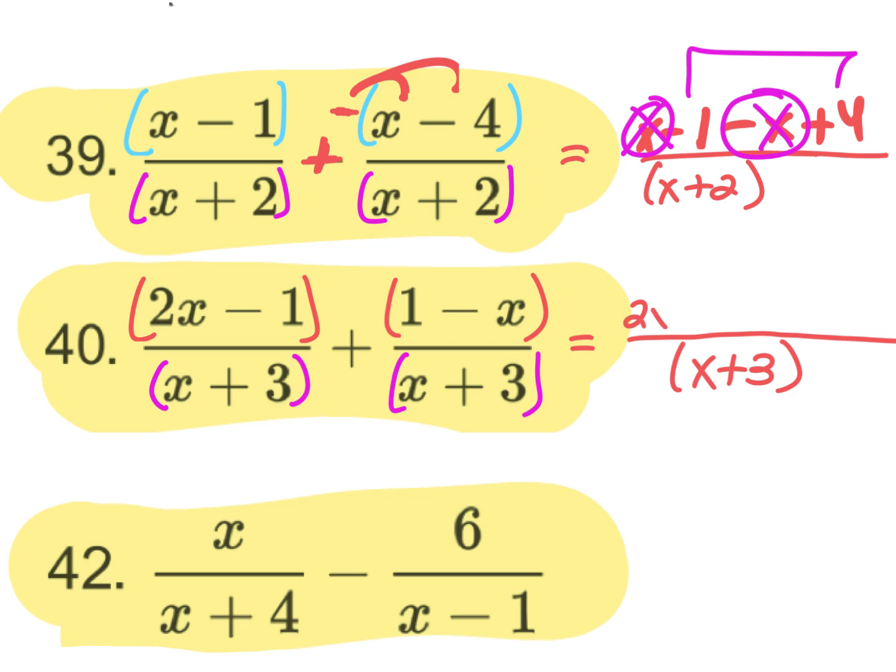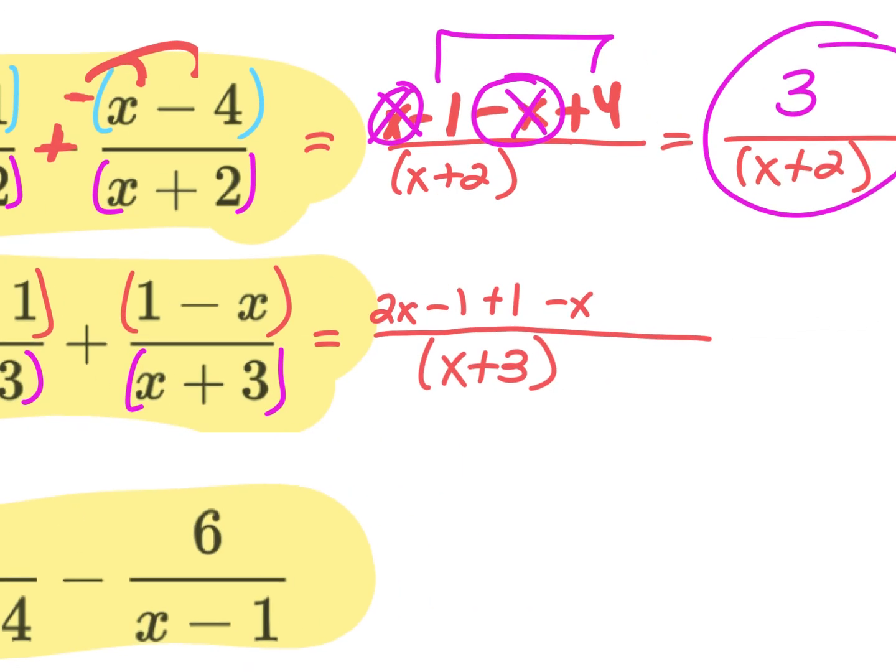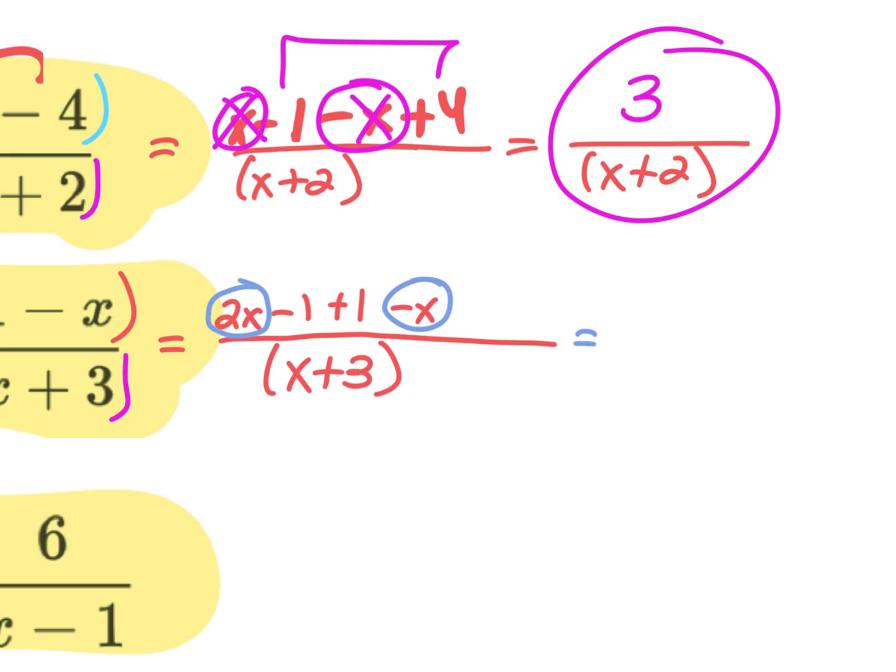So you have 2x minus 1 plus 1 minus x, and we combine like terms. So I have 2x minus x gives me, what's 2x minus x? 1x, good. And then what's a positive and a negative 1? What's negative 1 plus 1? 0.